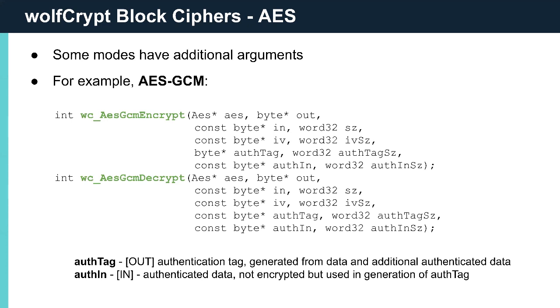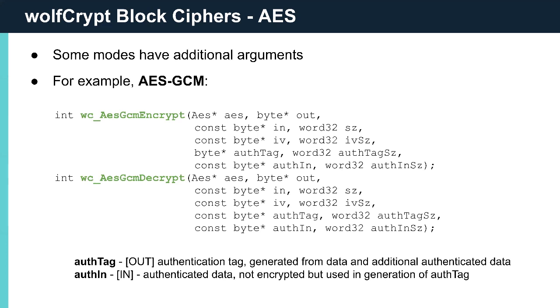Some of the AES modes are going to have different arguments depending on what the mode requires. For AES GCM, that's a mode you're going to notice has a number more of arguments than just the direct or CBC mode does. If you remember, GCM is an AEAD algorithm, so you have an authentication tag that's being generated or verified.